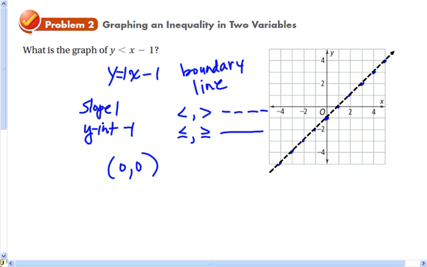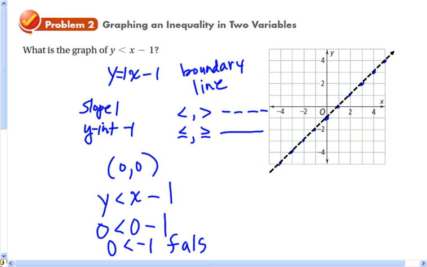If I take my original inequality and substitute in 0 for y and 0 for x, that'll tell me whether that's a solution and which side of the line I should shade. So I get 0 is less than -1, which is false. 0 is greater than -1. So that means 0, 0 is not a solution.